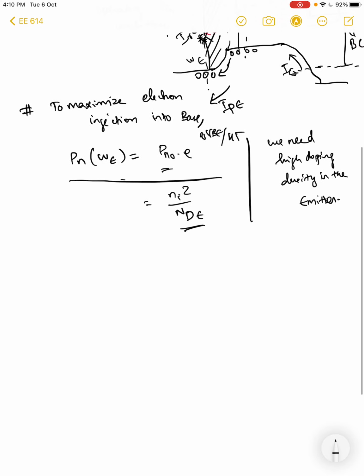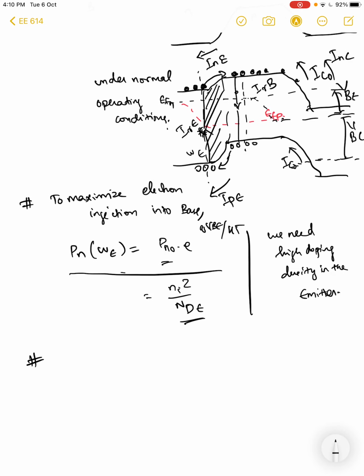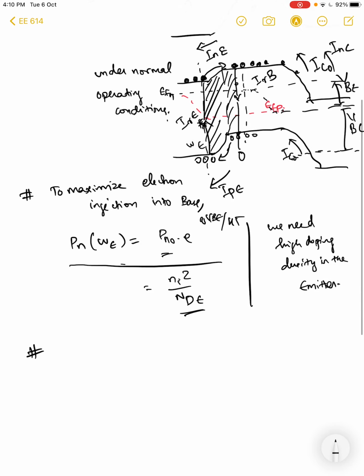Now second, how do you increase the electron injection once again into the base? Once again, the electron concentration here depends upon, so let's say we call the end of this depletion width to be 0, according to our x somewhere.